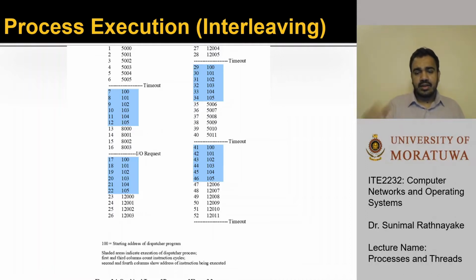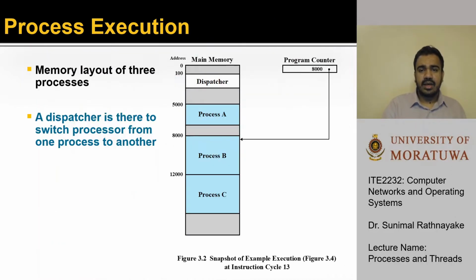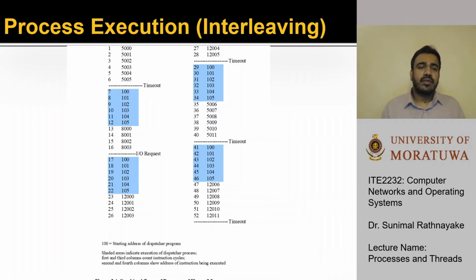You can see the dispatcher code starts at 100 according to this memory layout. So after 5,005, we have 100 running. That means the dispatcher code needs to be executed on the processor to do the switching to the next program.